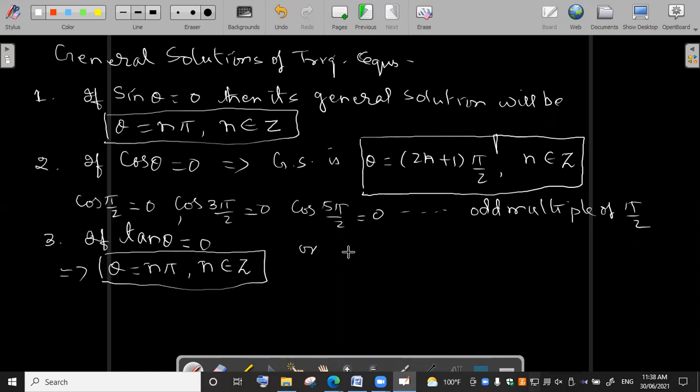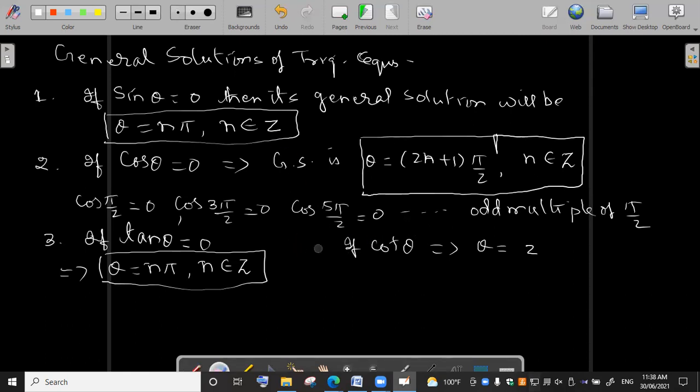So no need for cot theta, we can convert it into tan theta. But you should know that if cot theta is equal to 0, then it is the same as cos theta, an odd multiple, not related to tan.